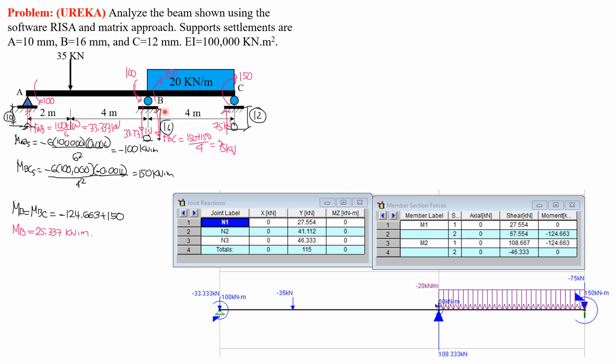That's due to the loads only. So we have to add the fixed end moment, which is 150 at B. Therefore, the final moment at B, which is represented by MBC, is negative 124.663 plus this fixed end moment of 150, treated positive because it is clockwise and it is at the left. So that's it, and it is 25.337 kilonewton meter.